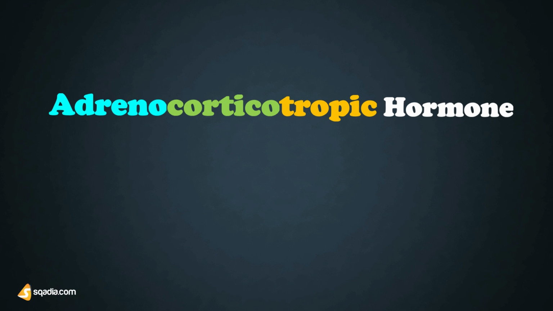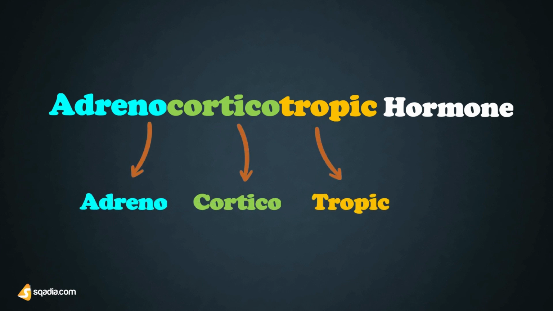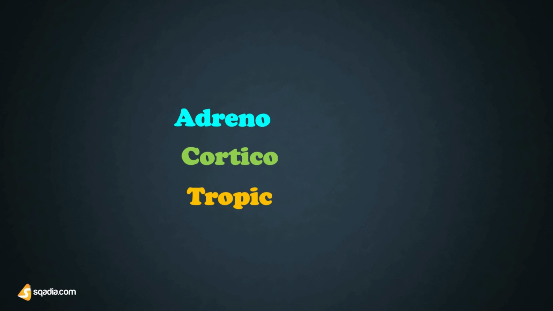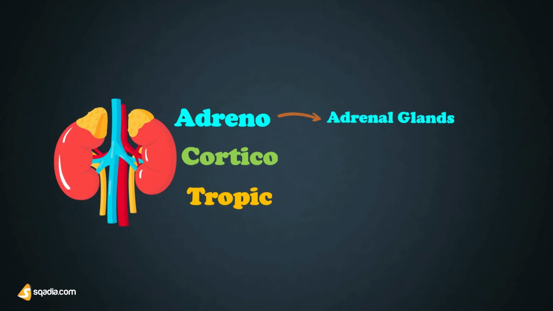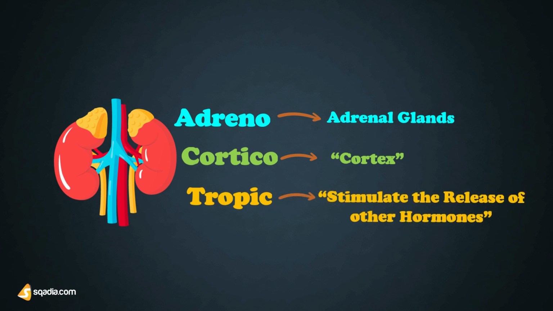Well, the whole story of ACTH lies in its name, the Adrenocorticotropic, where the word adreno refers to the adrenal gland. Secondly, cortico relates to the cortex. Thirdly, we have got the word tropic.